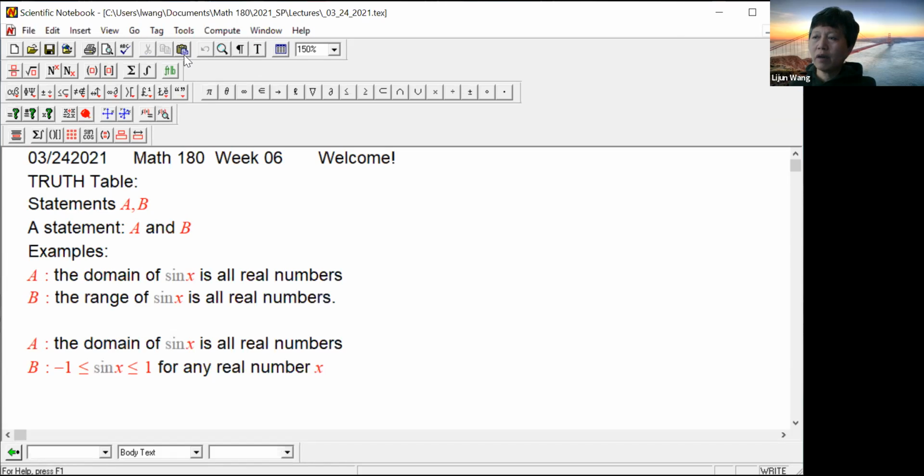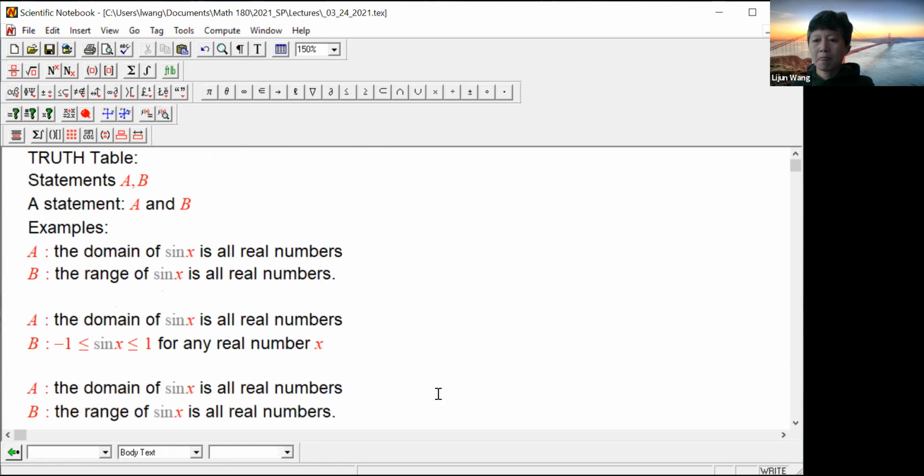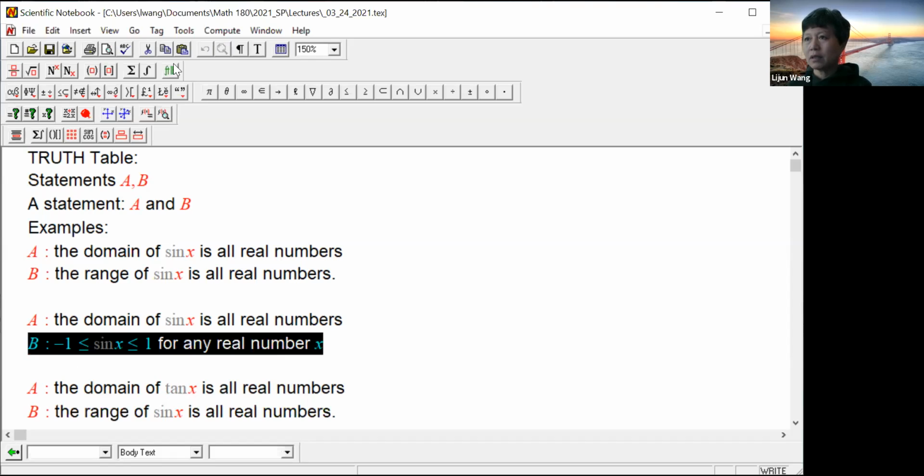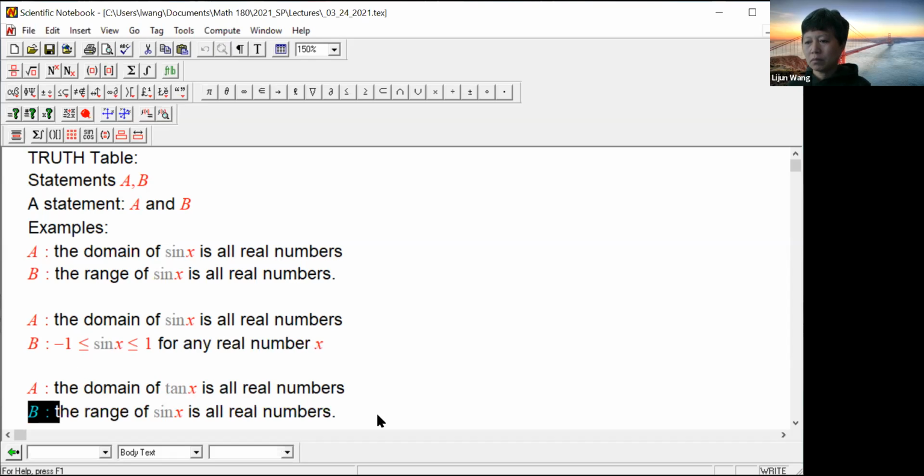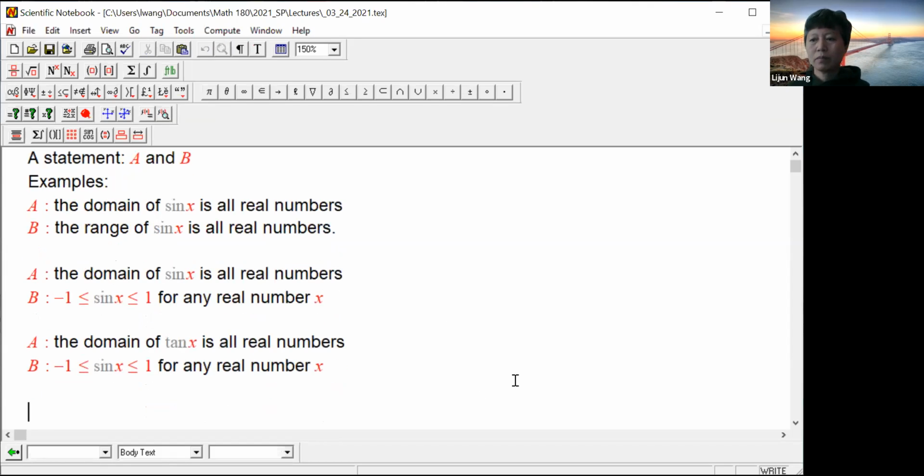Do I have other examples? Of course, you can have all kinds of cases, right? The domain of tangent x is all real numbers. And for B, I'm going to say the same one. That's another two statements, right? So you can keep this list going on.